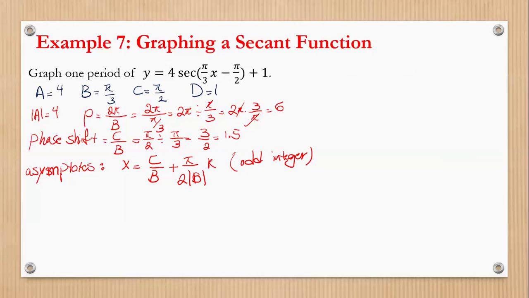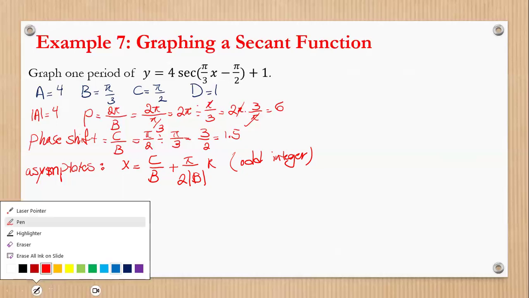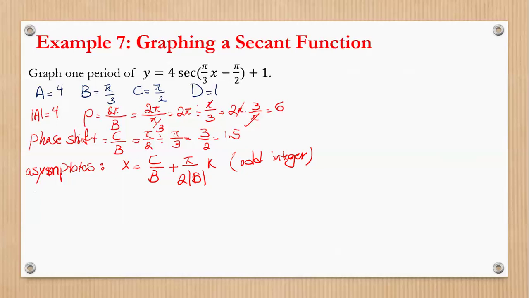If you replace, for example, k by 1 and replace the numbers for C and B, you know that C over B, we have it here. It's 3 over 2. You don't need to replace again. So 3/2 plus pi over 2 times the period, which is B, which is pi over 3, and k is 1.